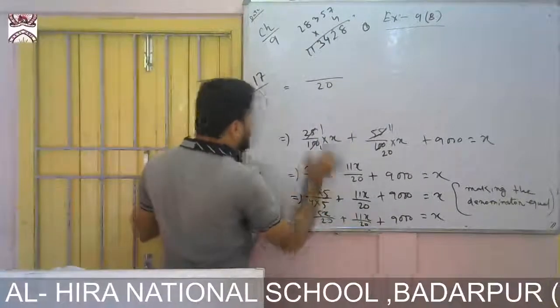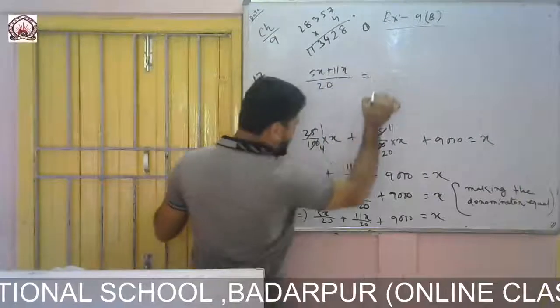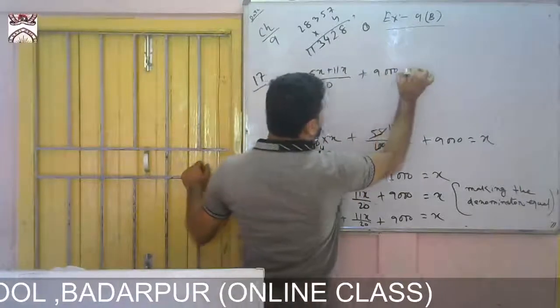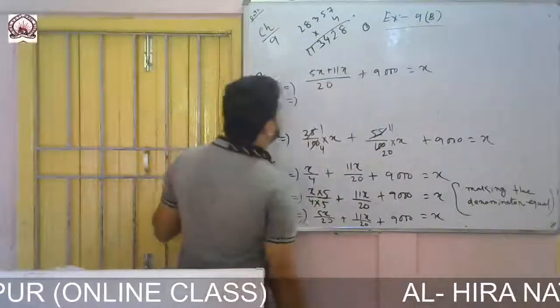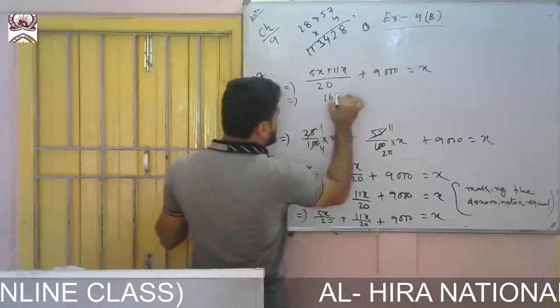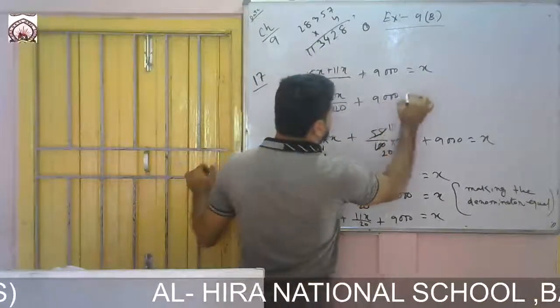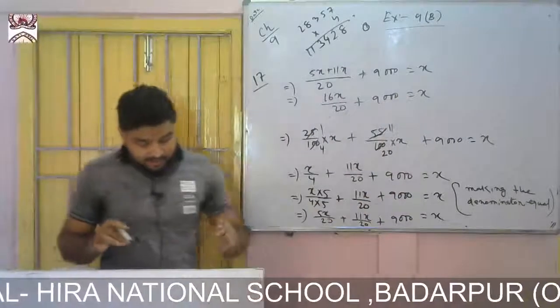And if I add this, then 5x plus 11x plus 9,000 equals X. Now 5 plus 11 is 16x. So 16x by 20 plus 9,000 equals X.